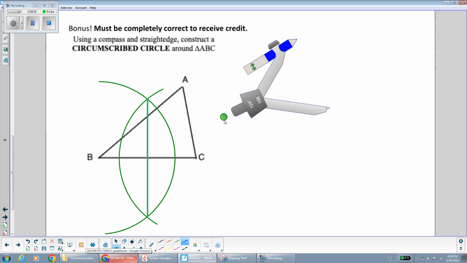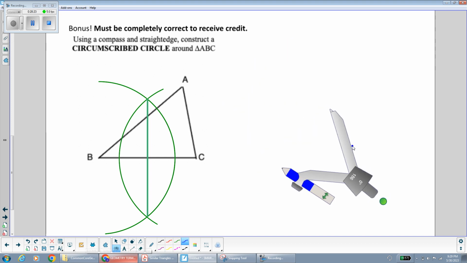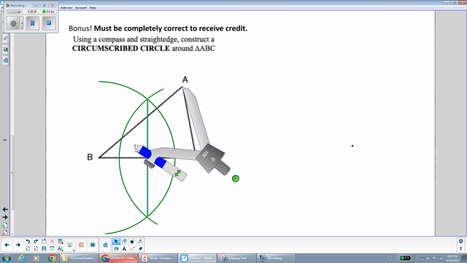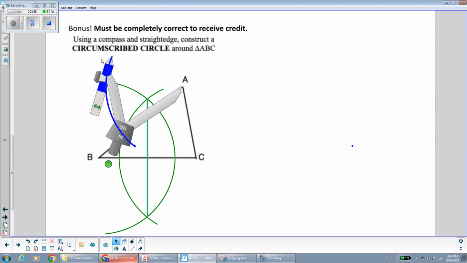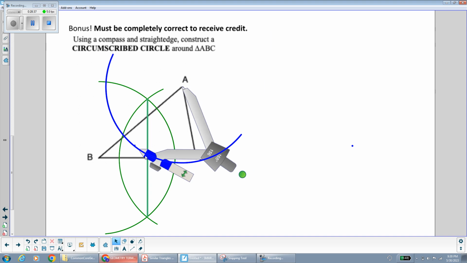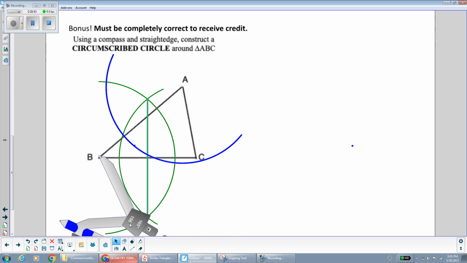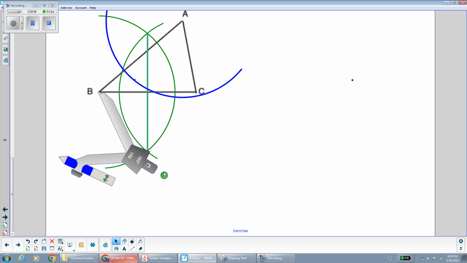I got to do it for one more side. I'm just going to do side AB, doesn't matter. So I'm going over to one endpoint, about 3/4 of the way down. The exact distance doesn't matter. And I'm going to make a big arc that goes above and below. Then I'm going to move my compass over to the other endpoint without changing the distance on my compass.